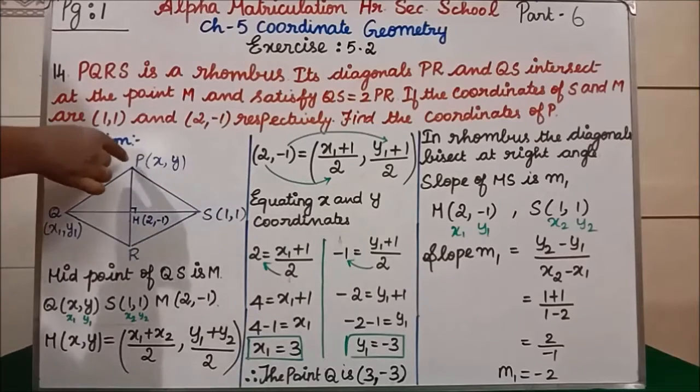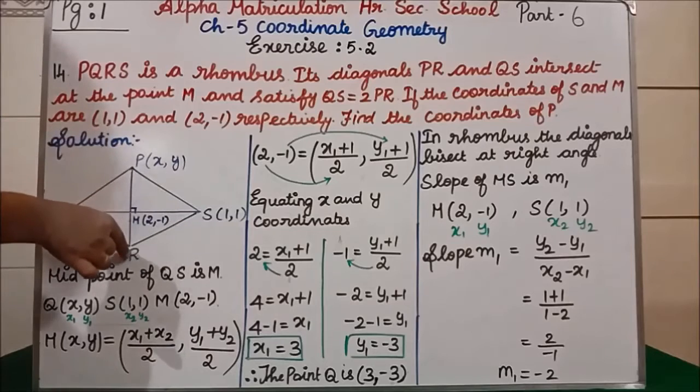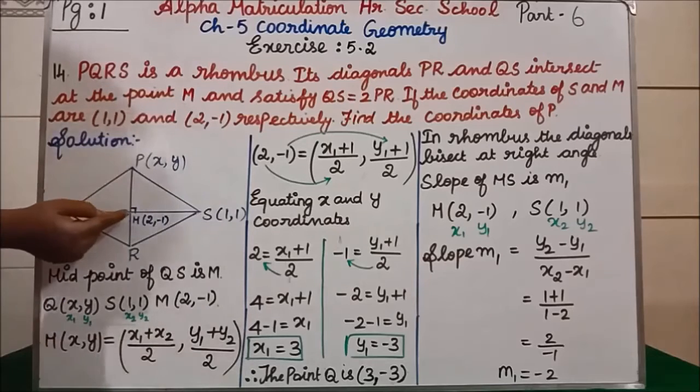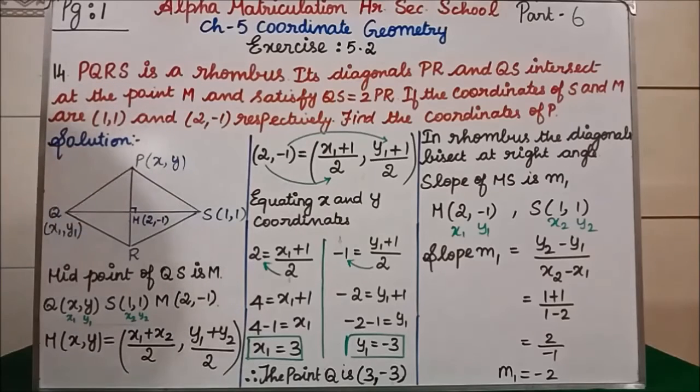Its diagonal means what? This line is the diagonal. PR and QS intersect at the point M, so both are intersecting at the point M and satisfy QS equal to 2PR. This full length QS is equal to 2 times PR, they have given.